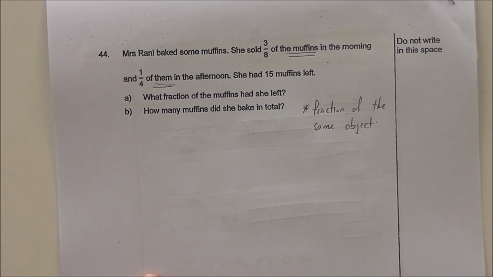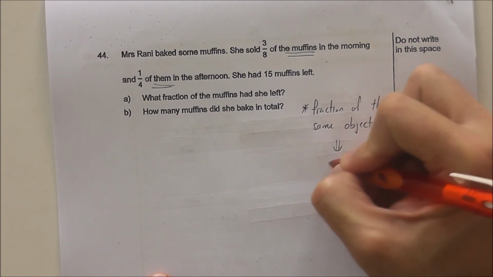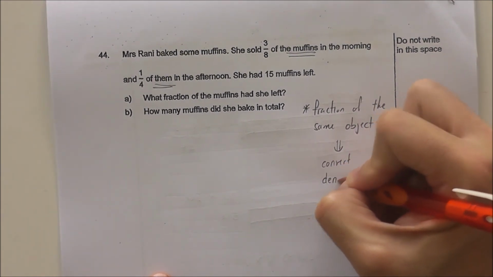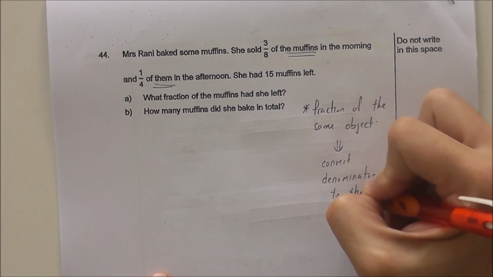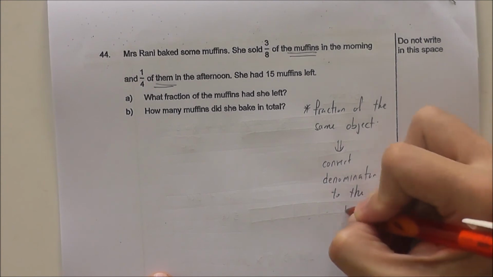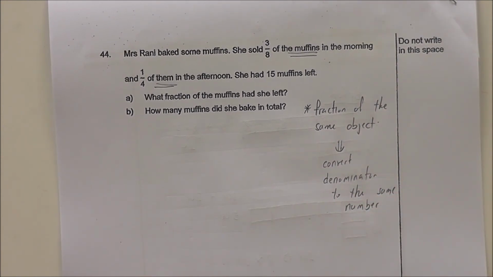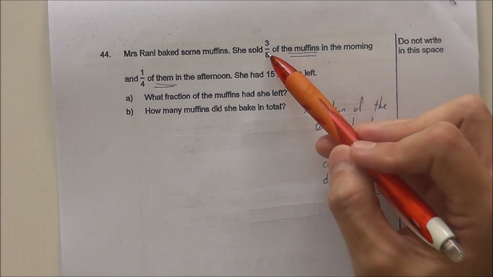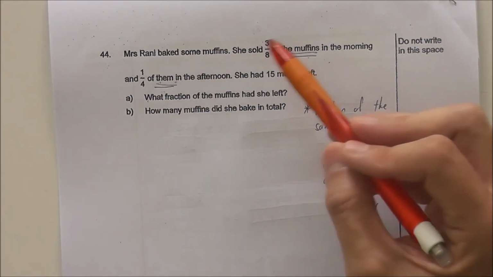So when we do such a question, what we need to do is to convert the denominator to the same number. I repeat myself again, guys. This is a very common question. When you have fraction of the same object, you see 3/8 of the muffins, 1/4 of them, it refers to the same thing.